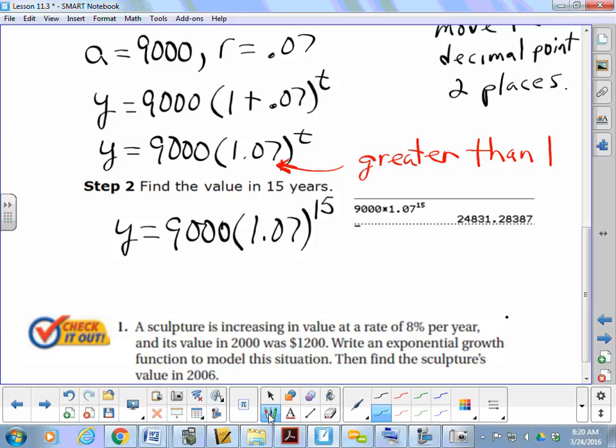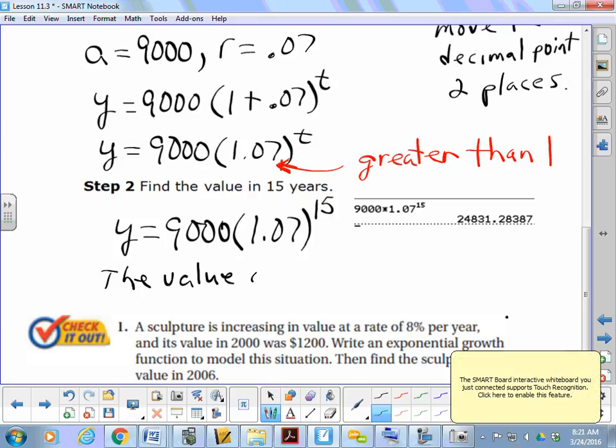The value of the painting is, how many decimal places are we using?